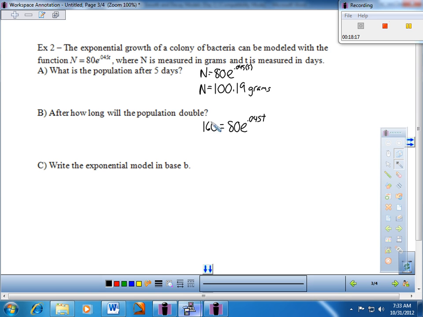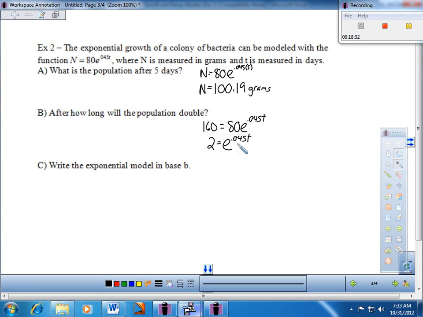In essence, that initial value is sort of irrelevant, because if I just ask how it's doubling, this comes over anyway and just becomes that 2. It's really this that's going to determine how long it doubles, not the initial value. I could have started with a different number and asked the same question, and we would get the same result. It's really the 0.045 that's going to determine the doubling time for this case.